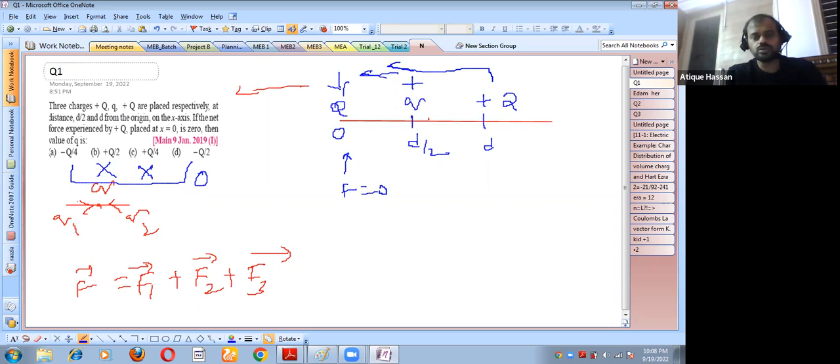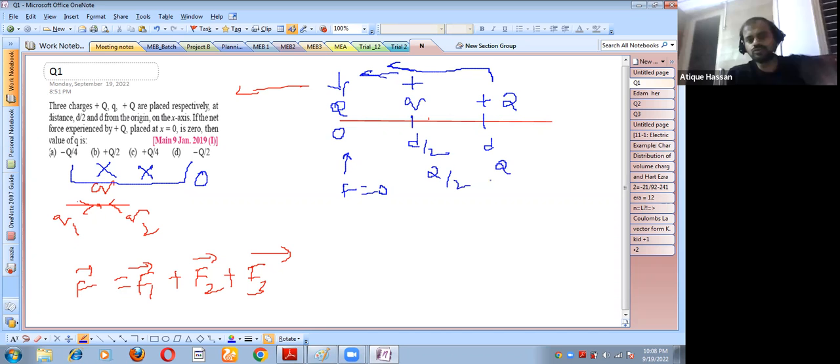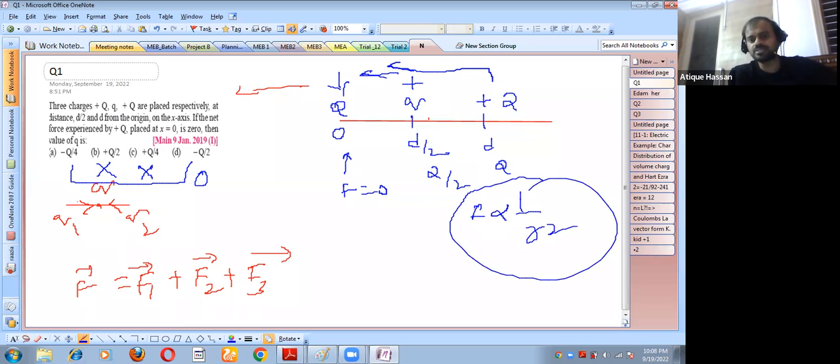If you see here, the q is in the middle. Suppose this charge is q by 2 and this charge is q, right? And you know the force is not linear. Force is inversely proportional to the square of the distance.